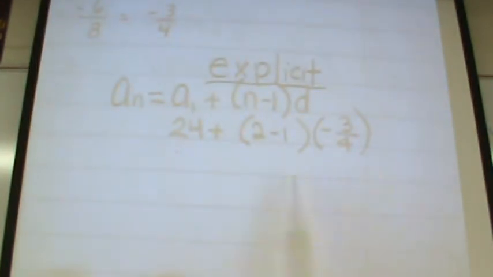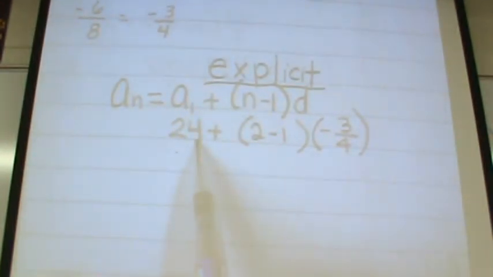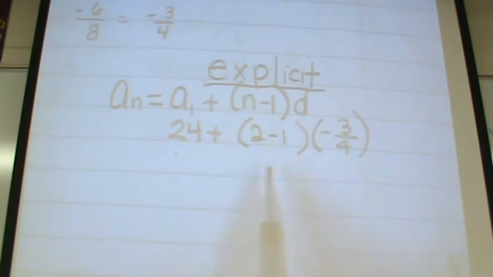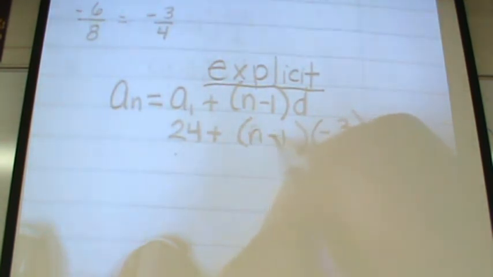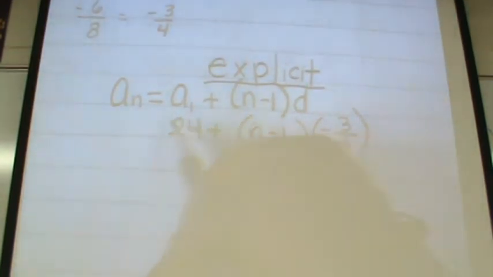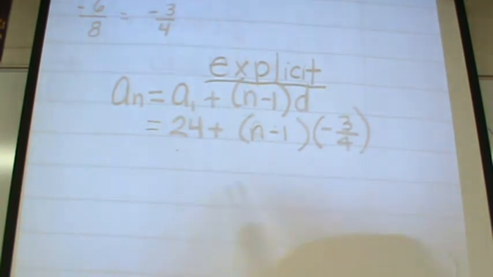Here is an explicit formula for that one. The first term is 24, and you leave n alone. So if you wanted to find any term, if you wanted to find the 5th rung, you'd plug a 5 in here and do it that way. That's the explicit formula.